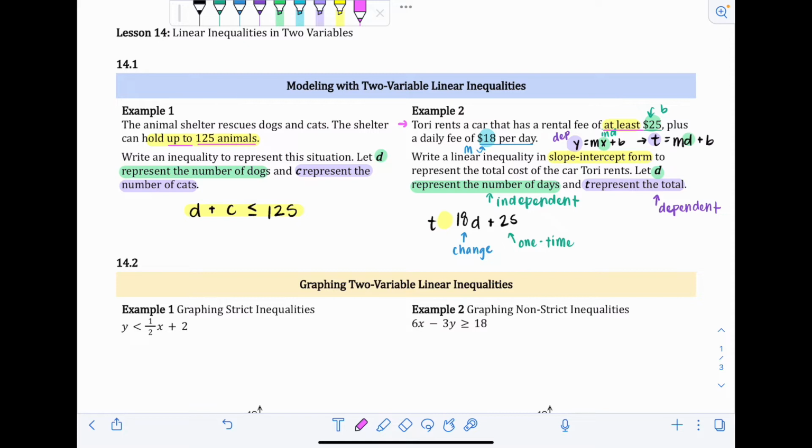That's what "at least" means: greater than or equal to. So it means her total is greater than, which means that the open side goes to the T, the total, or equal to 18d plus 25. So altogether, T, her total, is greater than or equal to at least $18 per day plus $25.